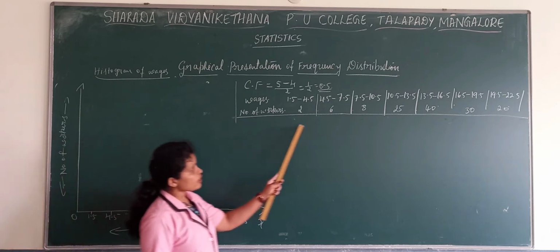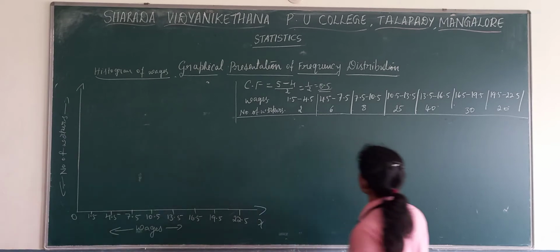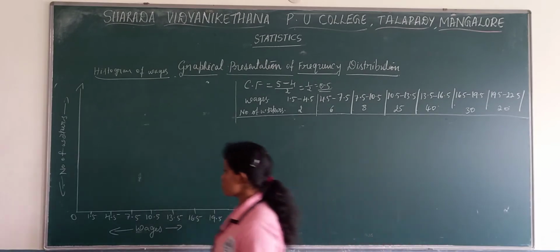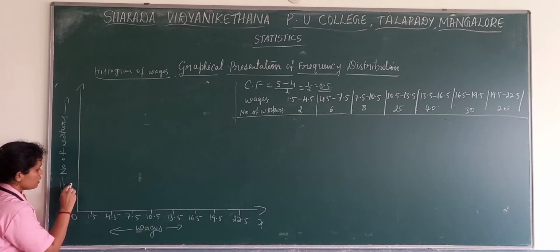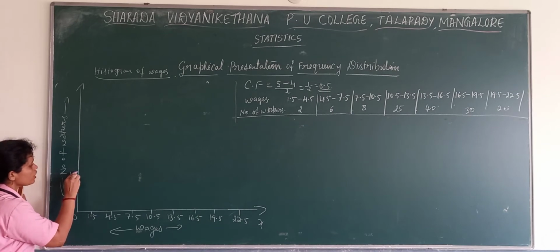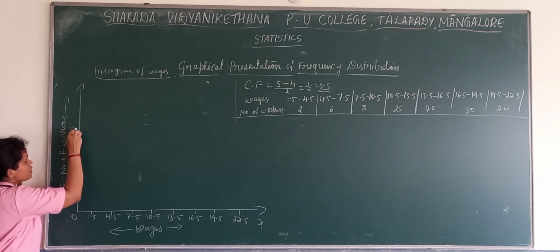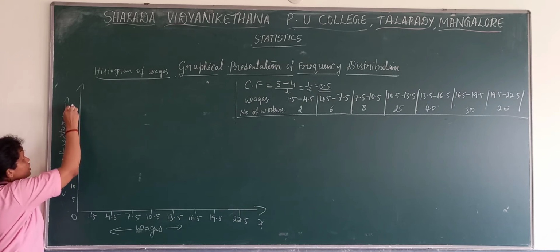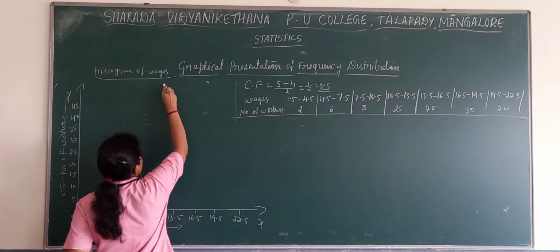Now, locate the number of workers. Which is the highest number there? 40. Which is the lowest number? Lowest is 2. So, it is better to go here from 5, 10, 15, 20, 25, 30, 35, 40, 45. Write the scale.